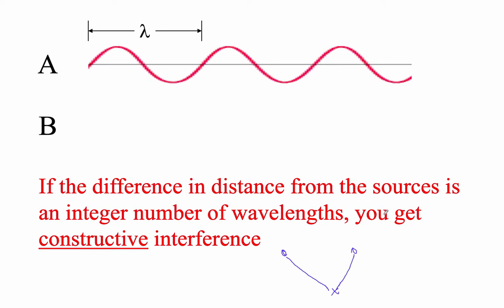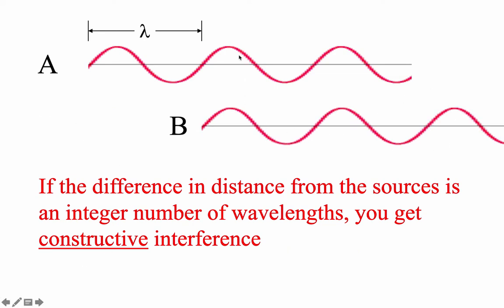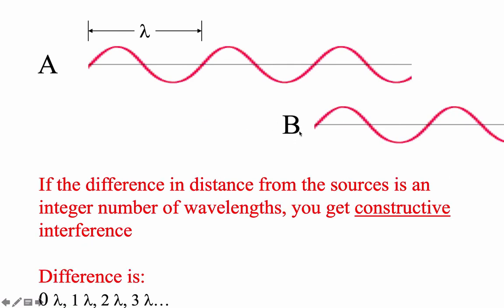If it's an even number of wavelengths, you get constructive interference. Let me show you this. This is 0 wavelengths difference. This one is 1 wavelength. We move this guy over 1 wavelength, and this is 2 wavelengths. So if the difference in distance is an integer number of wavelengths, 0, 1, 2, then you still have crest meeting crest and trough meeting trough, so you get constructive interference.